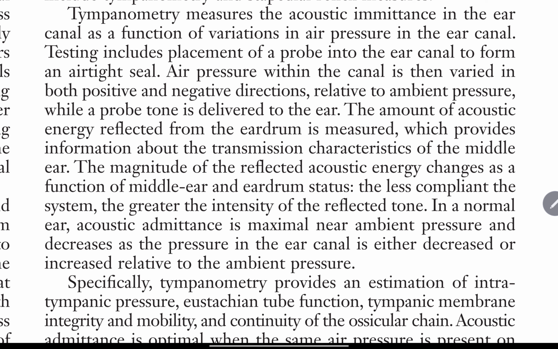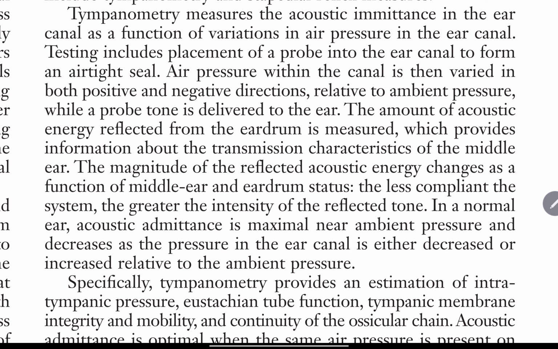The amount of acoustic energy reflected from the eardrum is measured, which provides information about the transmission characteristics of the middle ear. The magnitude of the reflected acoustic energy changes as a function of middle ear and eardrum status.